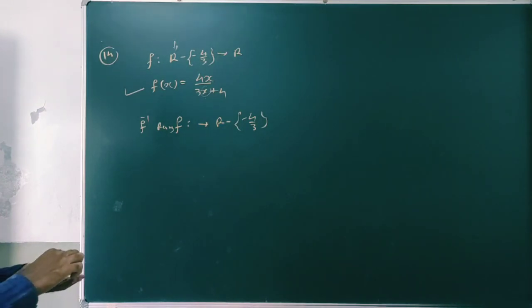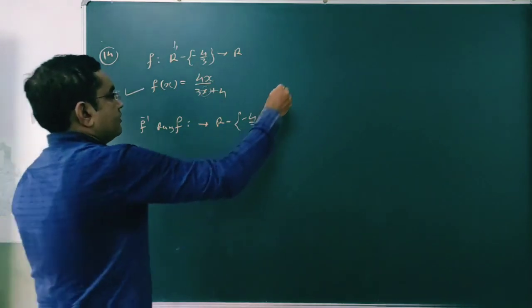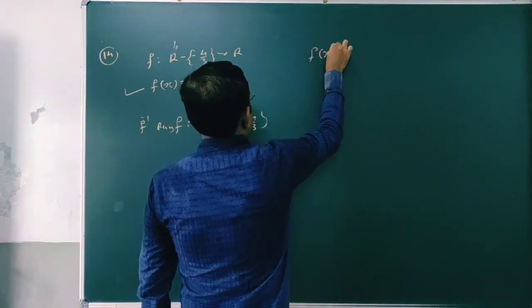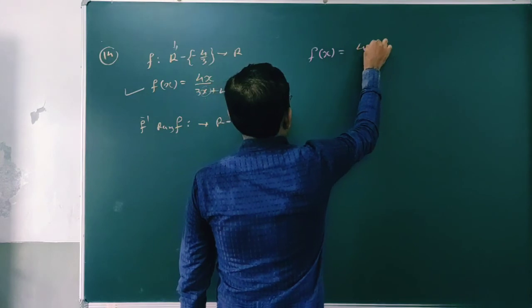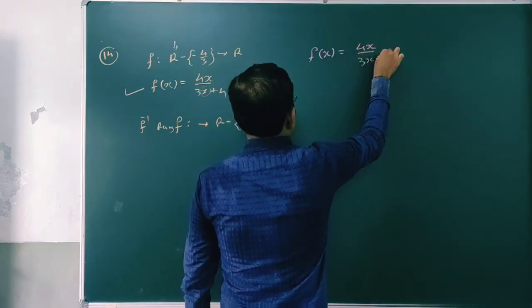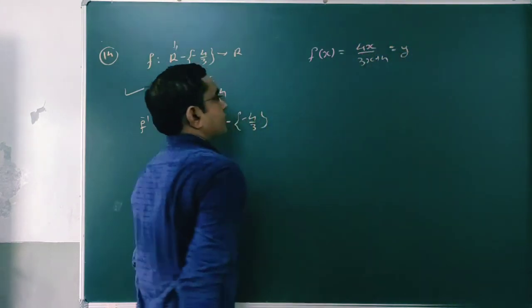So here we have to find the inverse of function. So here function f of x equal to 4x upon 3x plus 4. Let's say this is equal to y.